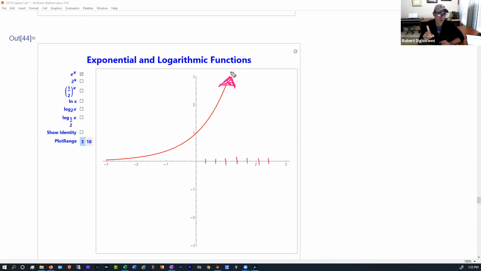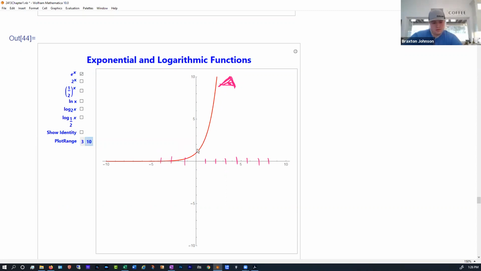Now, Braxton, same question, the other direction. So now if I start plugging in values that are negative and I keep going in the negative direction, is the function approaching something? Can you tell? I'll graph a little more of it for you. Is it approaching 0? It is approaching 0.